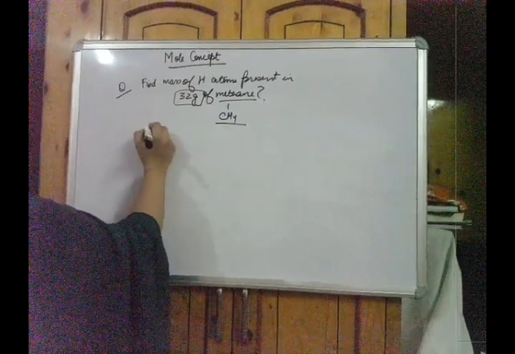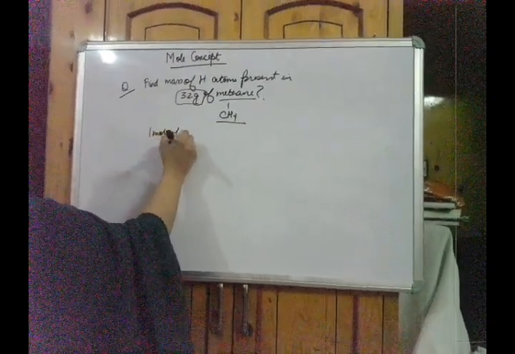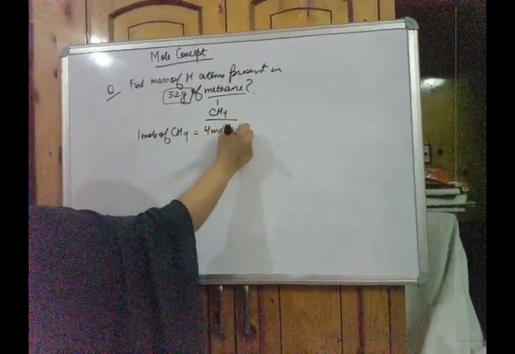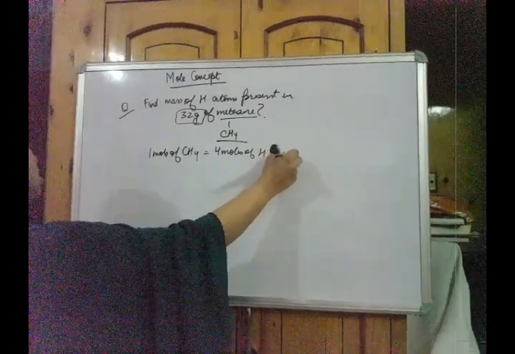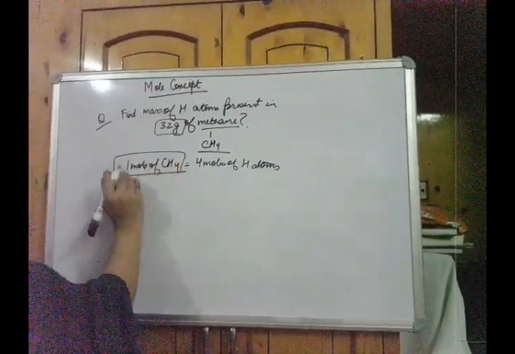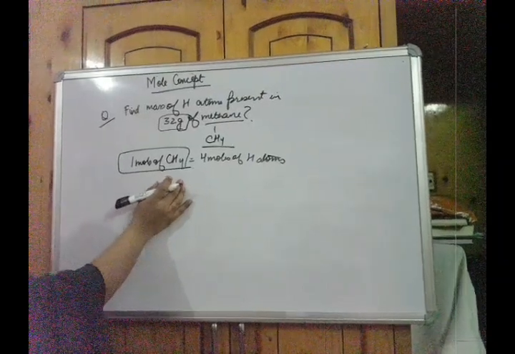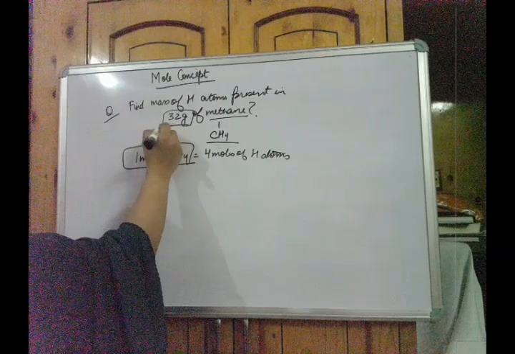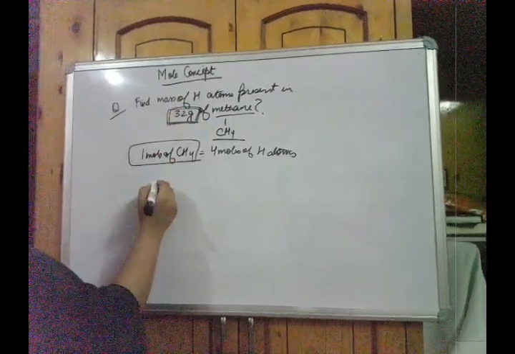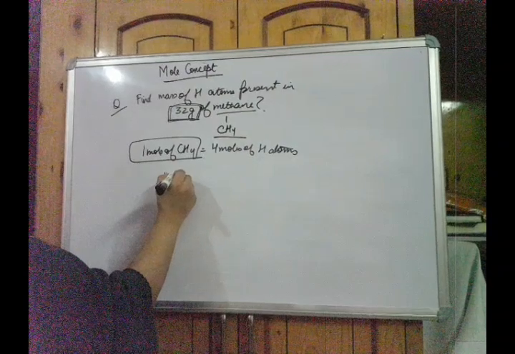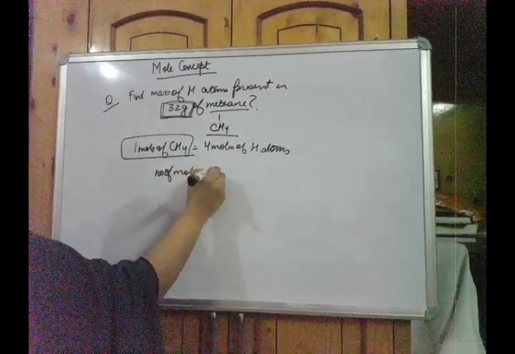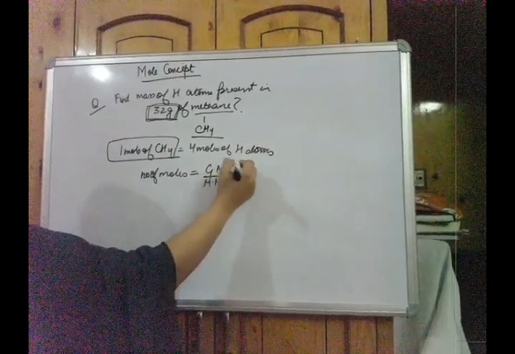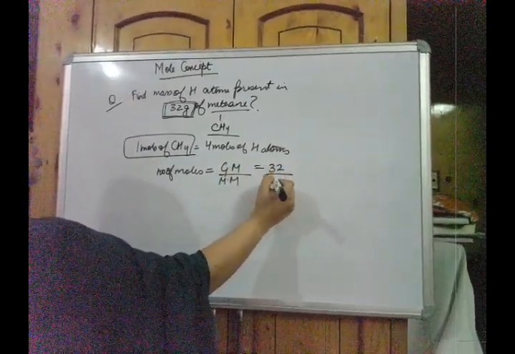Now you know, in 1 mole of CH4, by the formula you can see there are 4 moles of hydrogen atoms. And now they have given you 32 grams of methane. First of all, calculate the number of moles. Number of moles is given mass by molar mass. Given mass is 32, by molar mass.